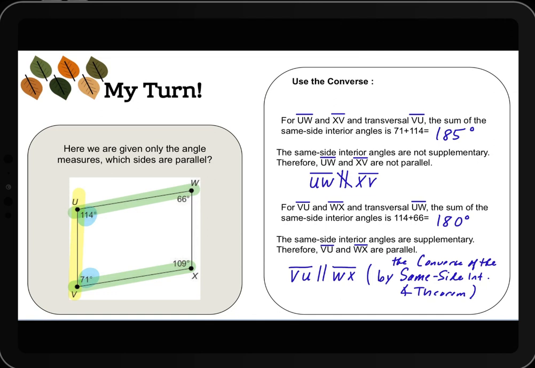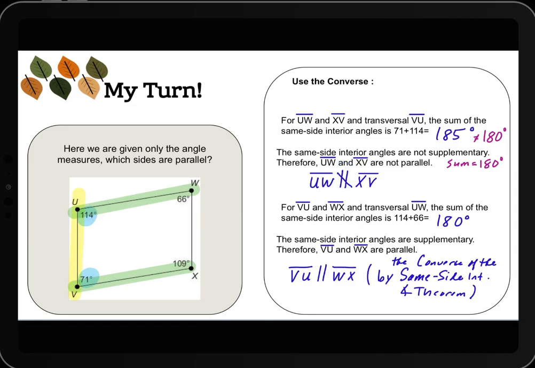Supplementary, as you know, means that the sum has to equal 180 degrees. And very clearly, that's not equal to 180 degrees. So that means that those same side interior angles are not supplementary, therefore the segments are not parallel, which is what this symbol here represents. That is the conclusion you can make definitively.